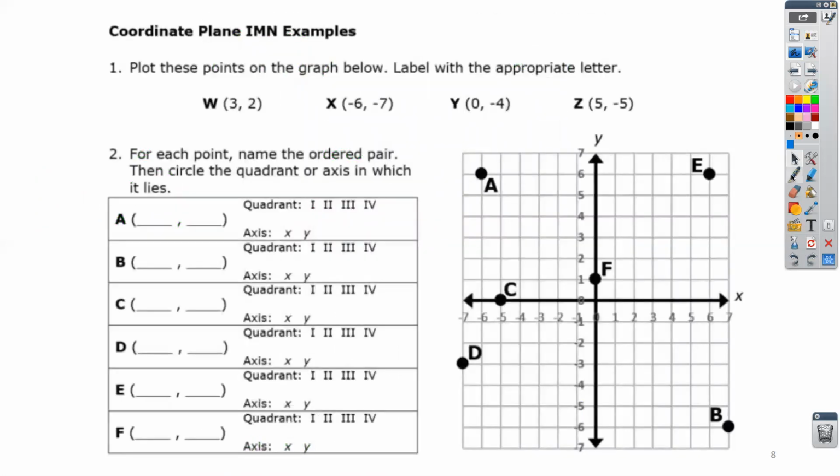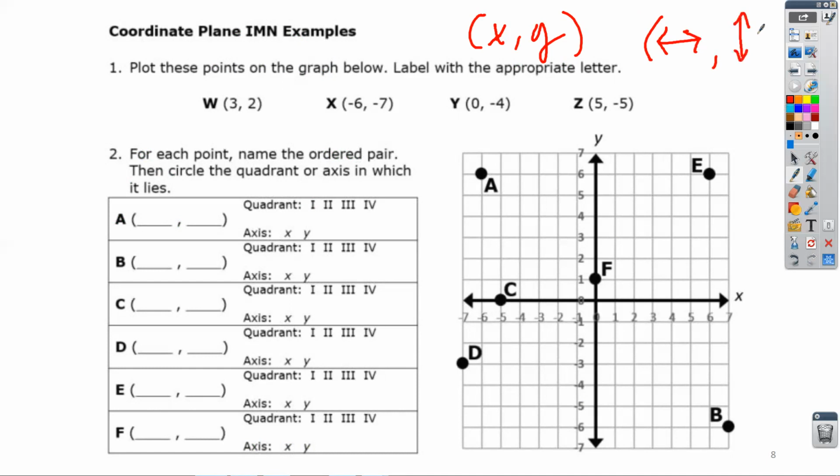Now, if you look on the other half of the yellow sheet, we're going to go through some examples together. So number 1 says plot these points on the graph below and label the letter. So remember, we always go X, then Y, which means I go left and right, and then positive, negative, or up and down.